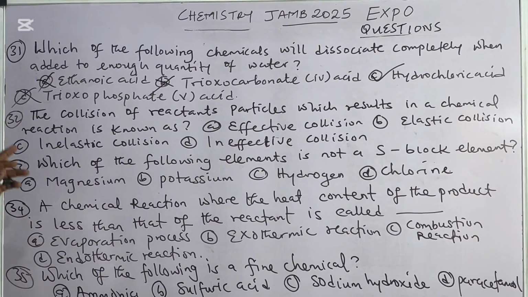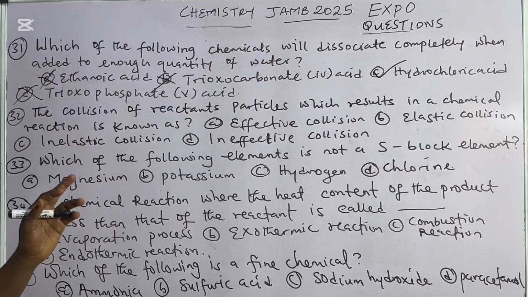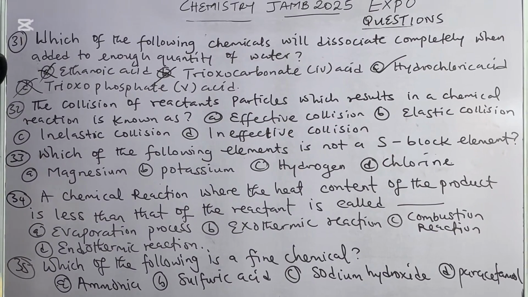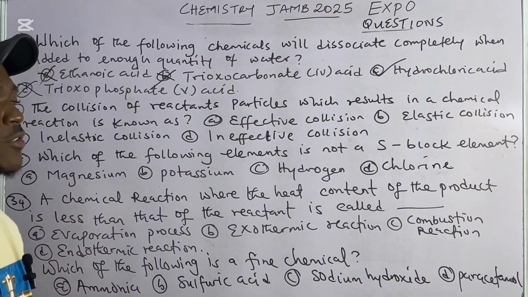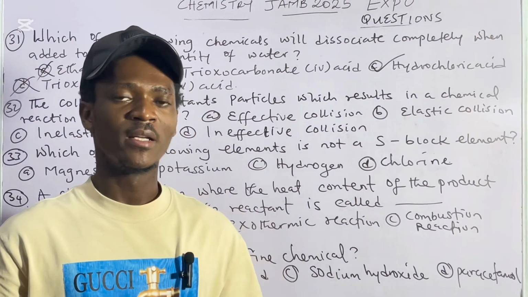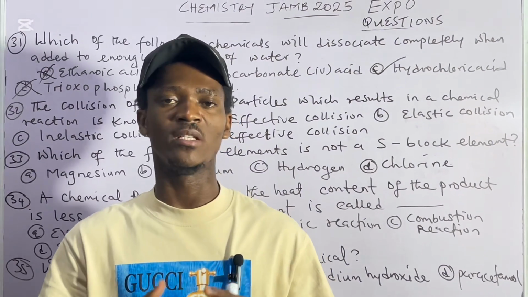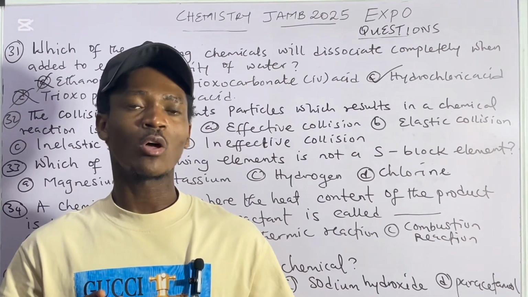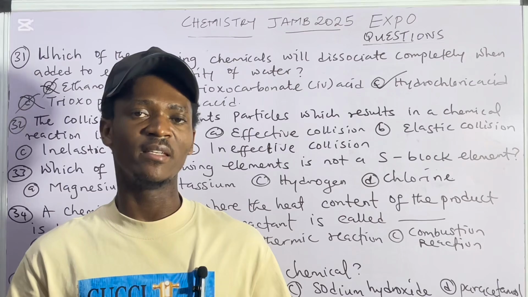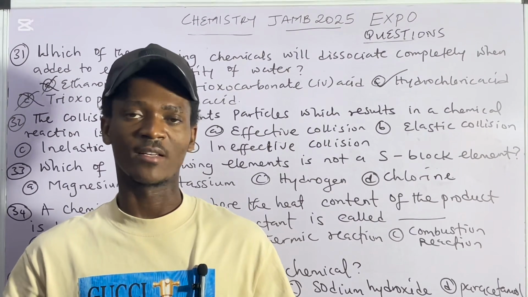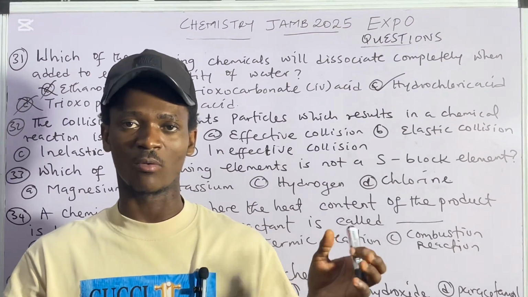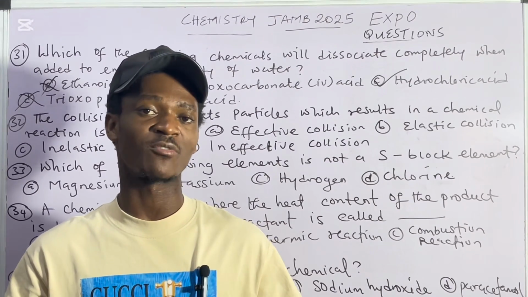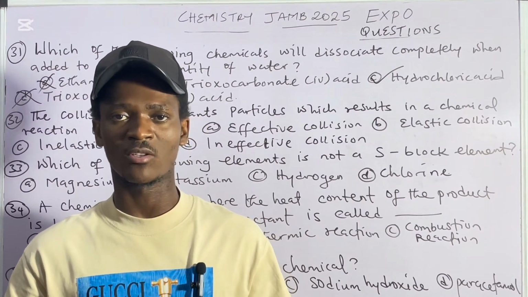Then next, 32. The collision of reactant particles which results in a chemical reaction is known as dash. Now, you know, for a chemical reaction to occur, there must be collision between reactant particles. It is not all of these collisions that result in chemical reactions. Some reactant particles can collide without resulting in chemical reactions.